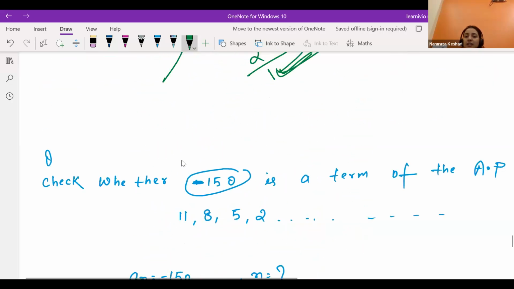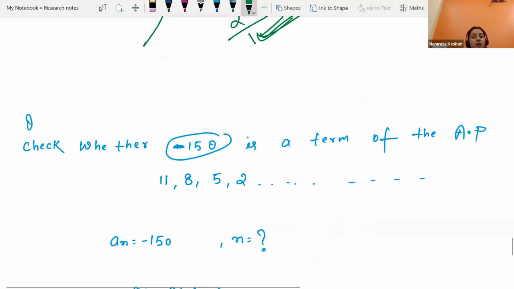That means, check whether minus 150 is a term. It's not a term. If it were a term, we must have got a proper whole number for n. Since it is not lying in the AP, that's why we are getting such a random decimal number.